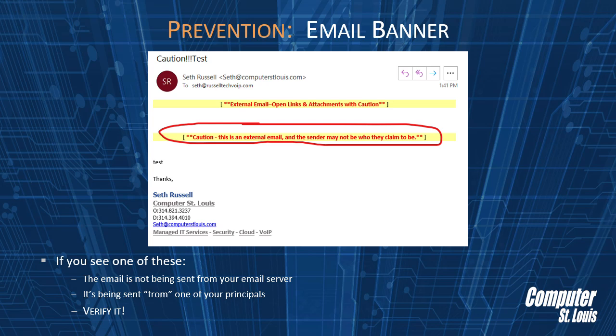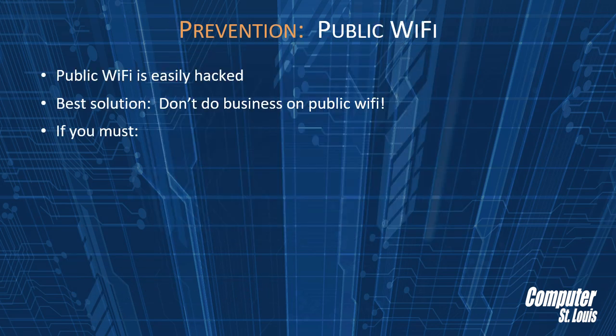That friendly name was in a list at the Russell Tech VoIP email site, and if we see this name Seth Russell, I want to throw this up because it's coming from outside the organization. We can set up key employees so that if they're emailing in and it's not coming from your organization, you're going to get this extra banner that says this person might be impersonating your boss. And if you see that, we encourage verification for sure.